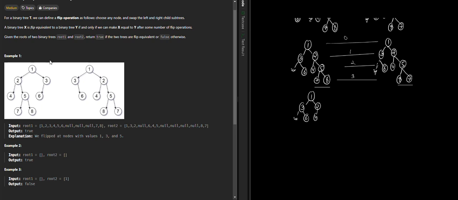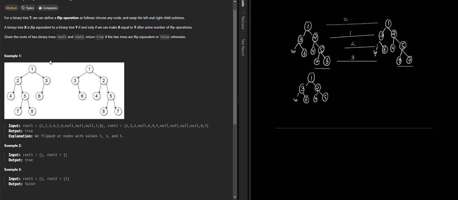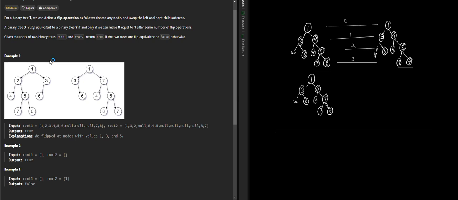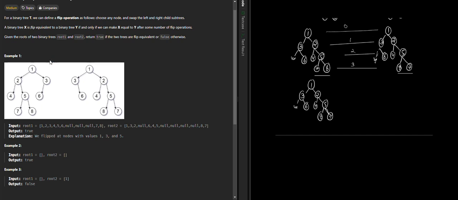For here 4, here 5, we can flip 8 and 7, right? We can flip 8 and 7. Now this is the same tree as we expected. The levels are the same for everyone, so we can say this is an equivalent tree.